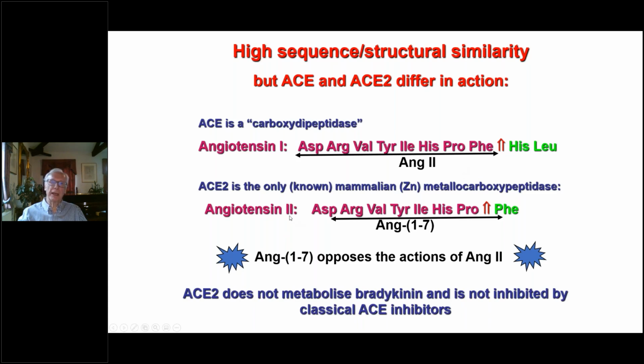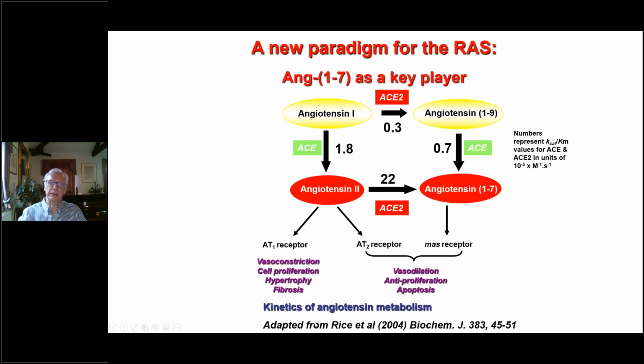However, ACE2 is a zinc metallocarboxypeptidase, so it just removes a single amino acid from a susceptible peptide, in this case converting Ang2 to Ang1-7. And it was already known that Ang1-7 opposes the actions of Ang2. In addition, other differences were picked up. Firstly, ACE2 doesn't metabolize bradykinin, nor is it inhibited by classical ACE inhibitors.